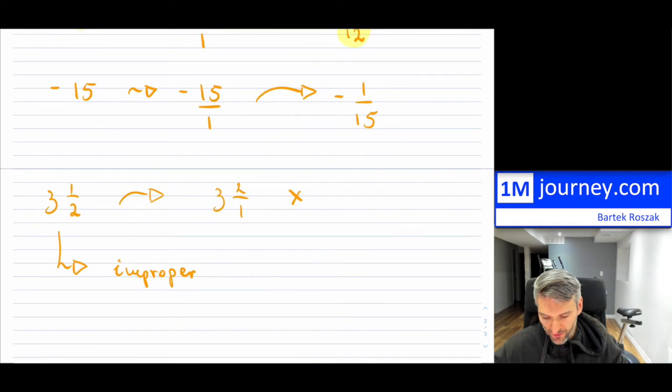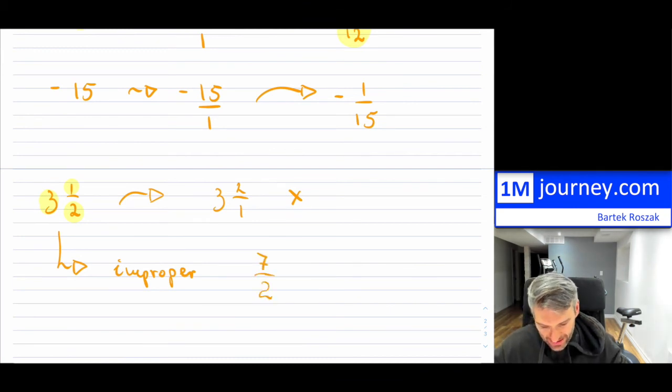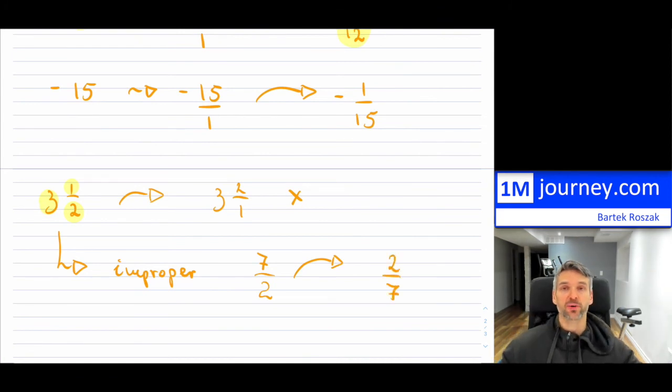Now, the improper fraction is going to be, so you're going to multiply, so this is going to be 2 times 3 plus the 1, and that's going to give us 7 over 2. That is the same thing as 3 and 1/2. And now it's much easier to be able to take the reciprocal, which simply is 2 over 7. So for mixed numbers, please first change them to improper fractions. And only then, you should change it and find the reciprocal.